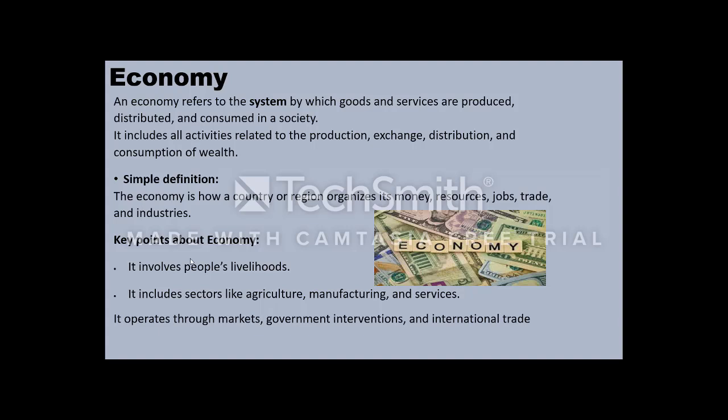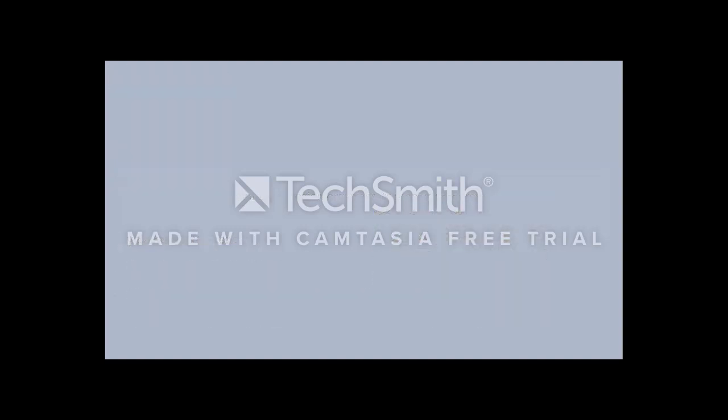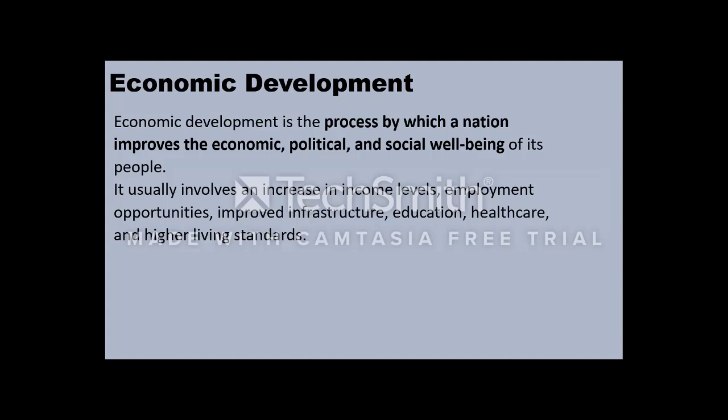What are the key points to note about the economy? It involves people's livelihood. It also includes sectors like agriculture, manufacturing, and services. And it operates through markets, government interventions, and international trade. So moving on, we want to talk about economic development.